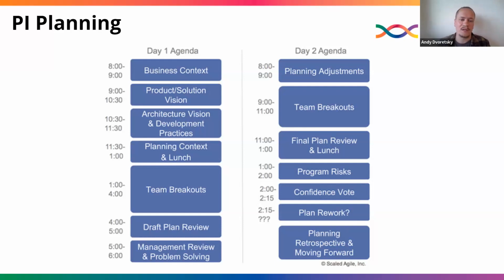So the typical agenda is that we start from a business context presentation. We invite the top-level guys and ask them to tell everyone in attendance, all the Agile release train, all the team members, what's happening right now with our business, what competitors are doing, which problems we face on the market, and how we are going to reflect on that, right?